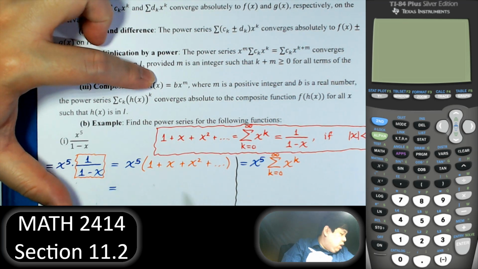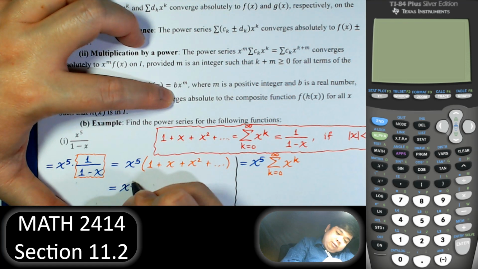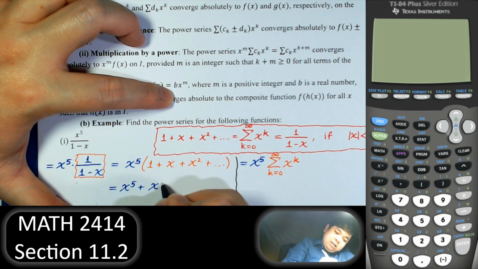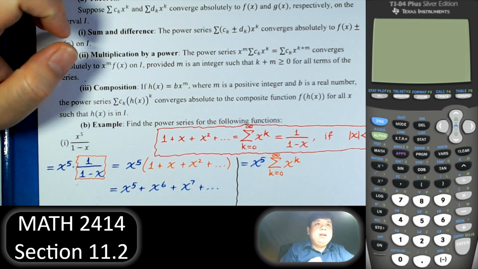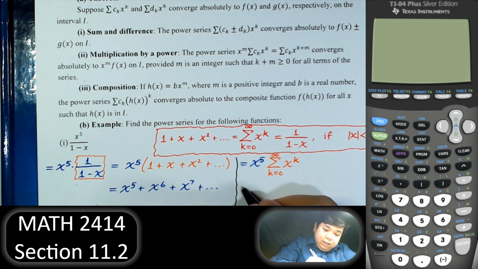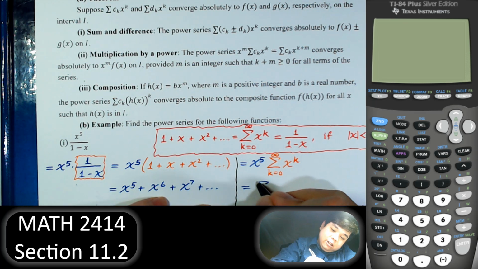So either we write out the terms or we use the summation. And then we just multiply it out. So x to the 5th, x to the 6th, x to the 7th, and so on. Or here, that one independent of k, we can take it inside.